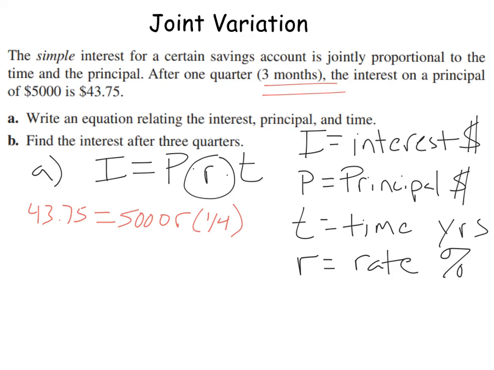First step would probably be divide by 1/4. Essentially, you'd be multiplying by 4.